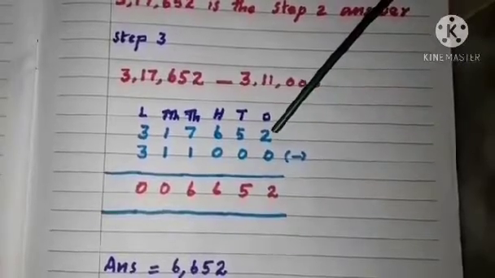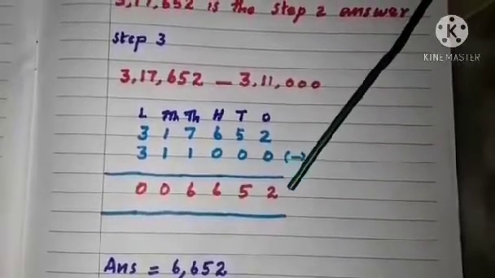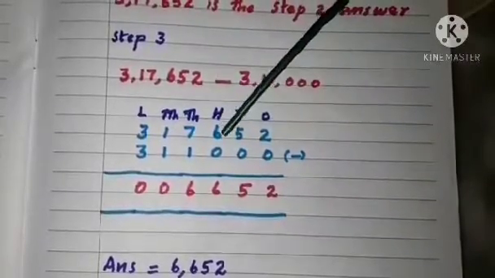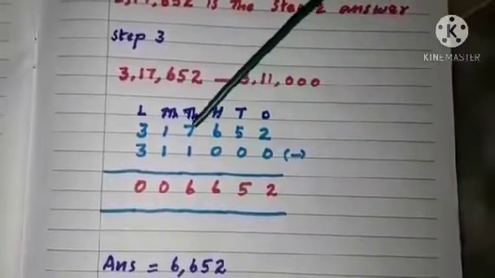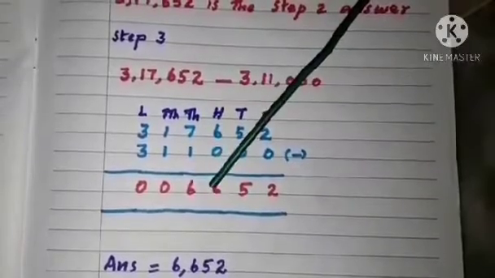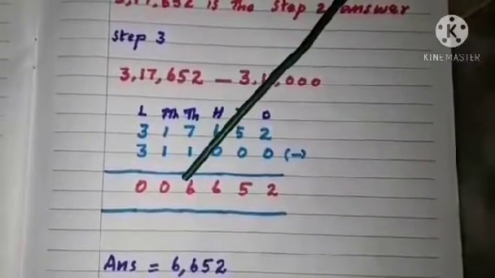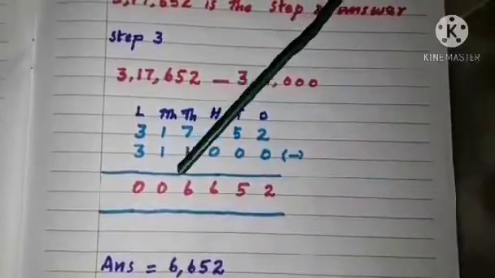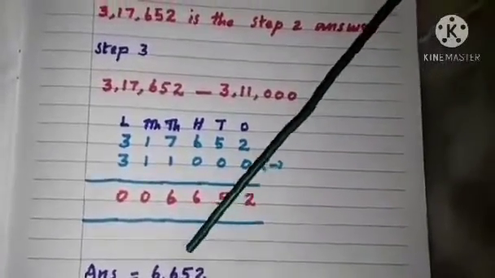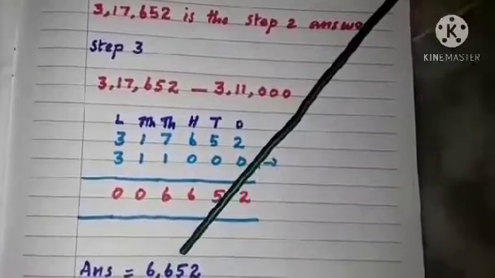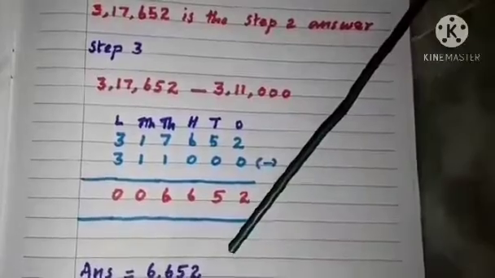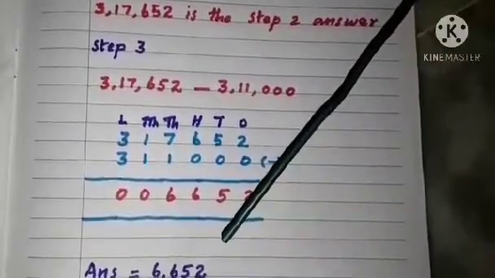That is 2 minus 0, 2. 5 minus 0, 5. 6 minus 0, 6. 7 minus 1, 6. 1 minus 1, 0. 3 minus 3, 0. Now we get the answer 6,652.